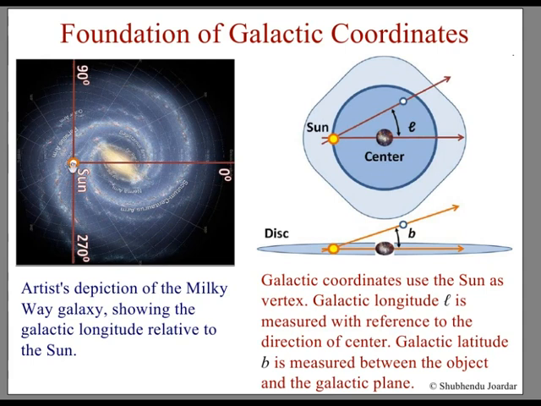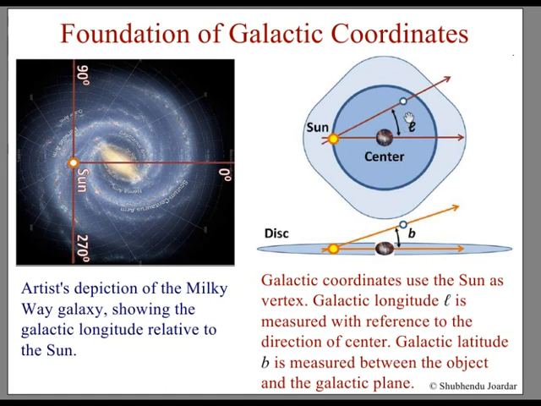So if you stand on the sun with your head facing towards the north, that is, the northern hemisphere, and you look at the galactic center, that you consider as the origin. In this diagram you can see, you are standing over here, and this is the center of the galaxy, and this is the origin.